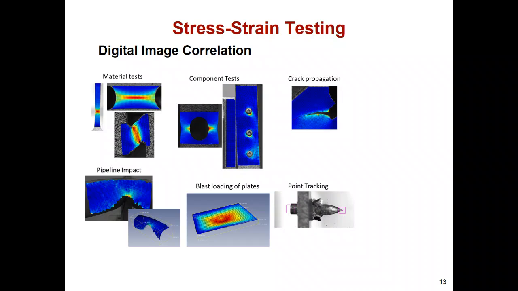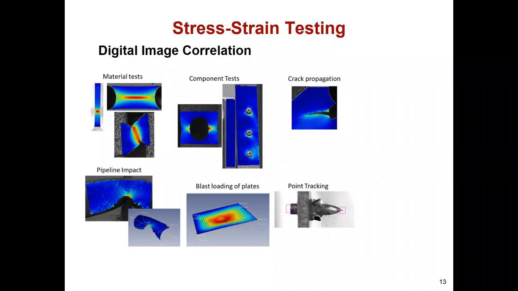The universal tensile machine has some limitations in obtaining stress and strain properties, because it requires standard shapes to obtain exact values. But digital image correlation can be used with various different shapes.